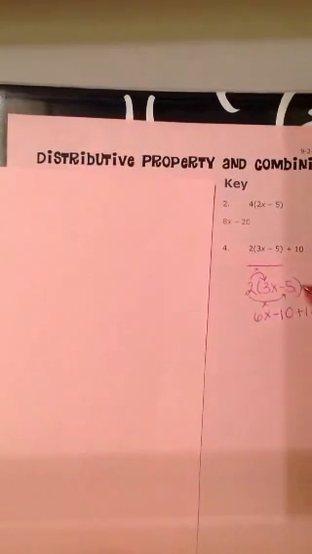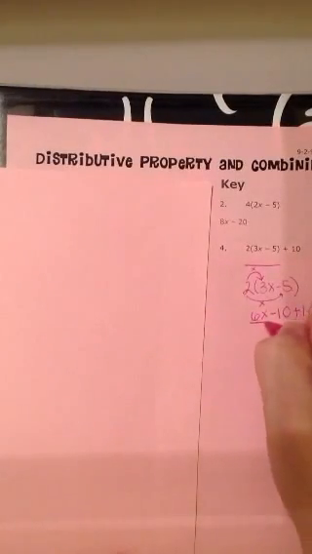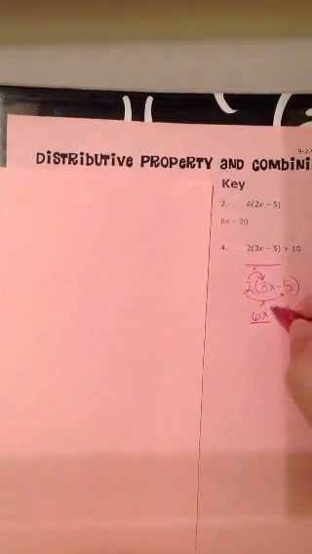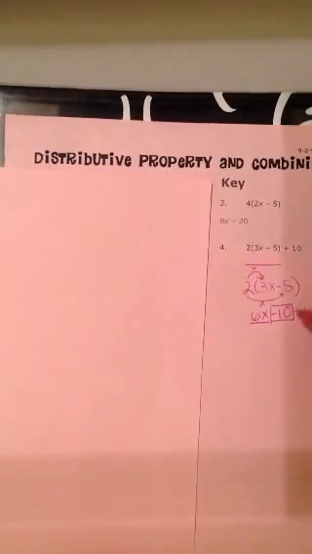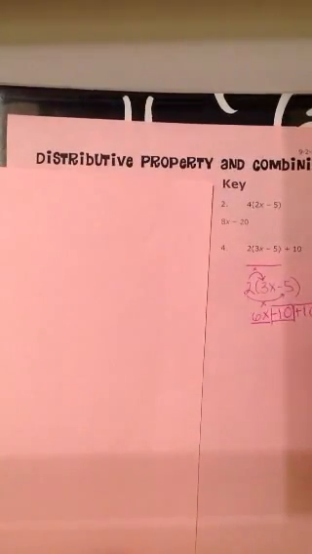Alright, so now I'm going to look at these. When I am looking at these, I underline my variable that has an x next to it, and I box my unit tiles, including the sign in front of it. We learned this in class.